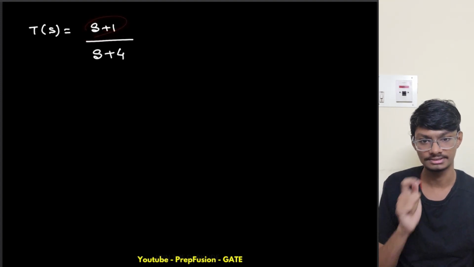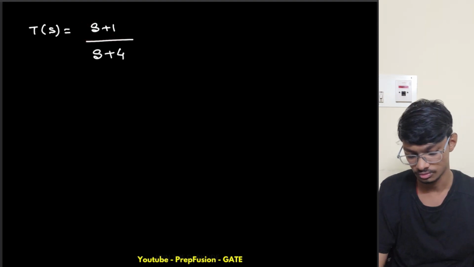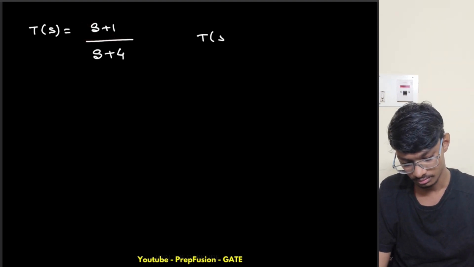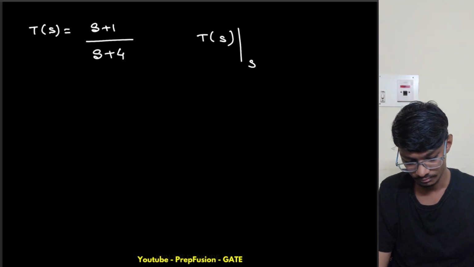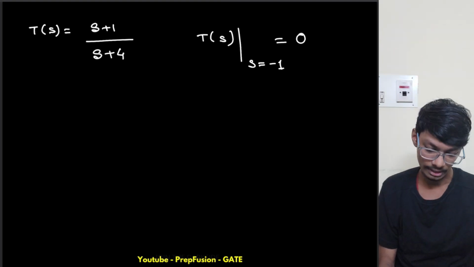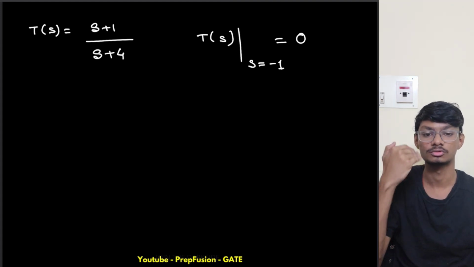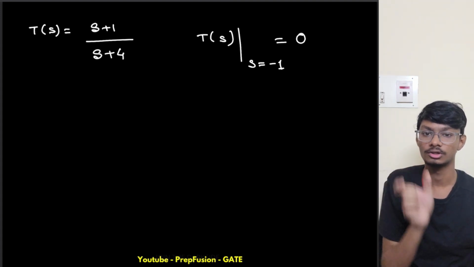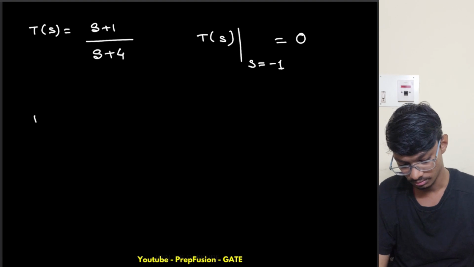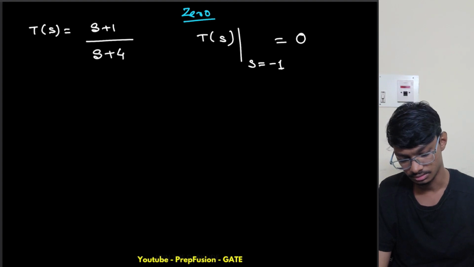So at s equals minus 1, this transfer function goes to 0. And poles are at the value of s for which this goes to infinity, or the denominator goes to 0. So this is the poles, sorry for the disturbance outside.